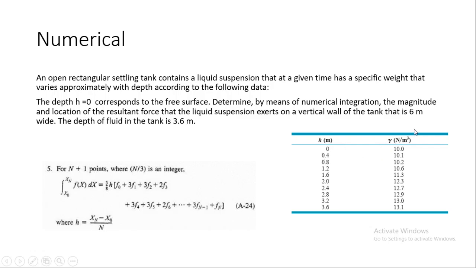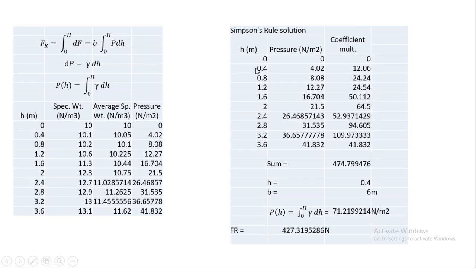So this is the x value and this is the f(x) value. Then we move forward, as we know that FR, if we reduce it in the form of pressure, will be equal to the width, and we integrate the pressure with respect to the height.